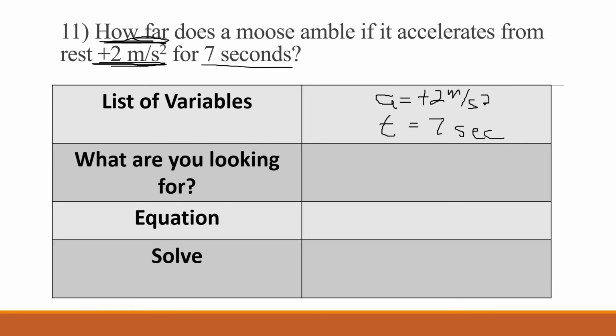And in this time, because it says how far, I know I'm looking for a distance. The equation that has a distance and acceleration is everyone's favorite, d equals 1/2 at squared.